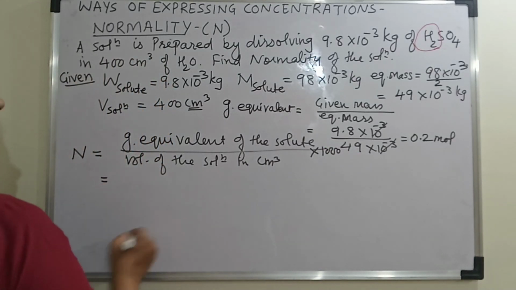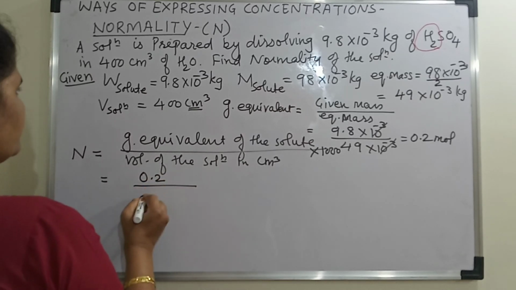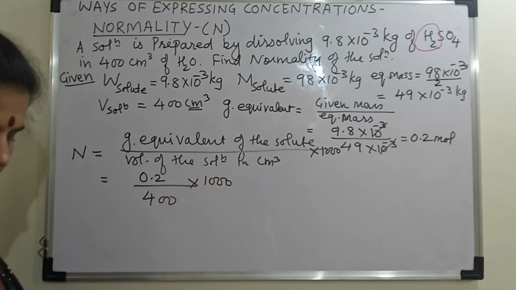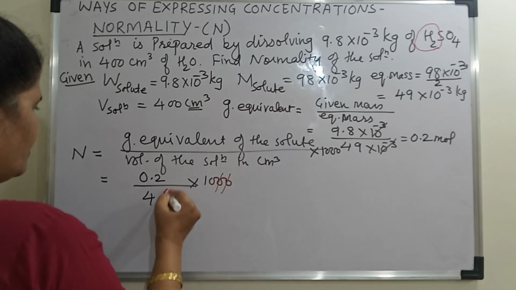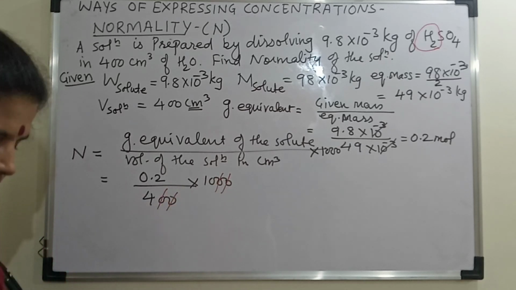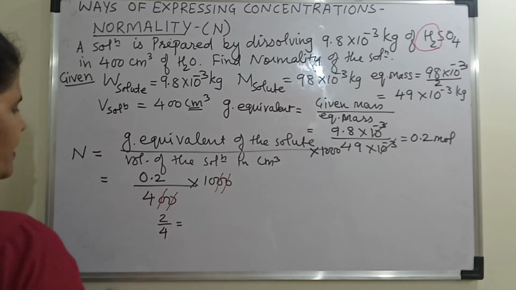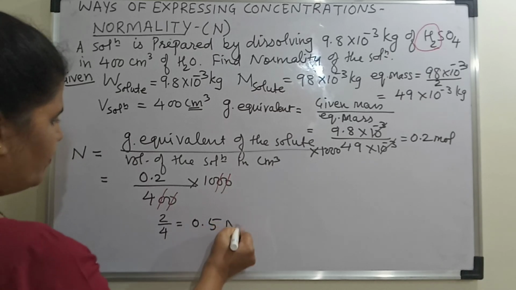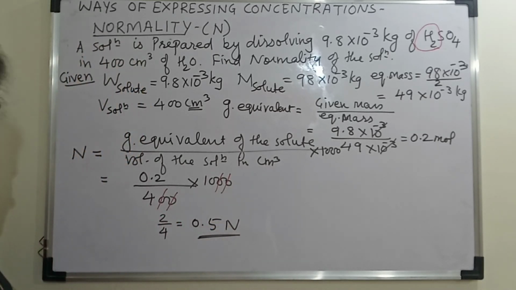So it will be the number of gram equivalents, 0.2 upon 400 into 1000. Let us simplify this. So I will get it as 2 by 4, and so the answer here will be 0.5 normal. So this is how you do the calculation for normality. Thank you, students.